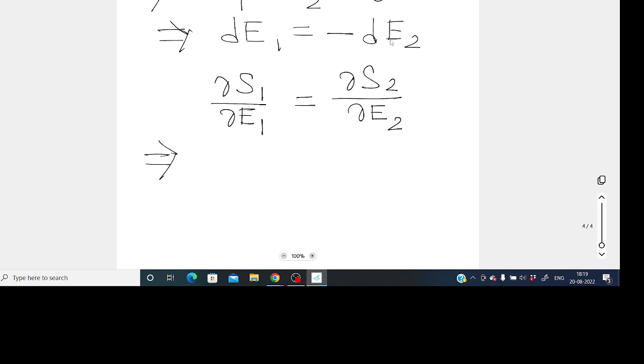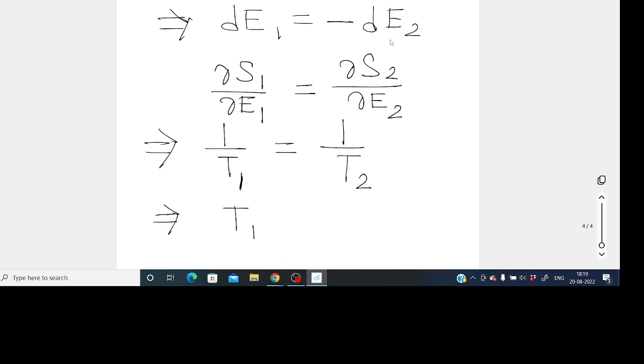Right, this is 1 by T. Let's say this is the temperature of the first subsystem, so I denote it 1 by T1. Similarly, this is the temperature of the second subsystem.